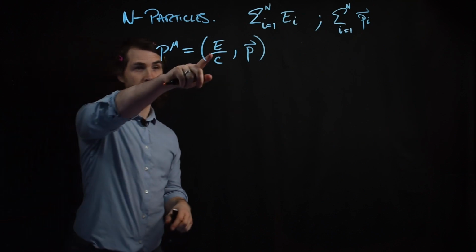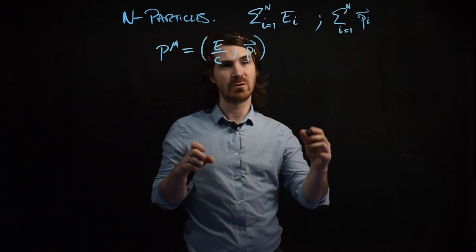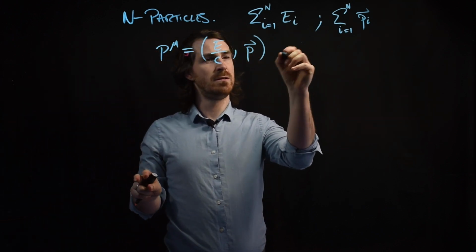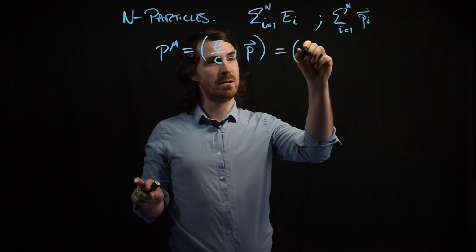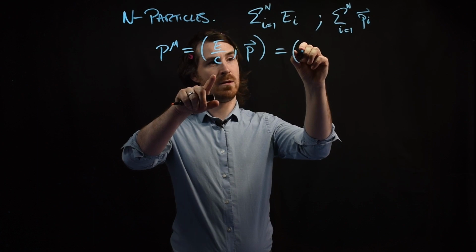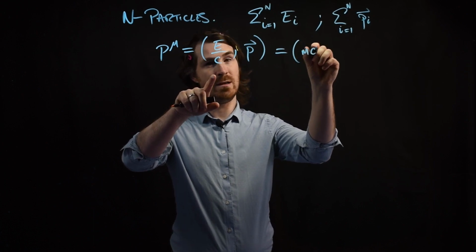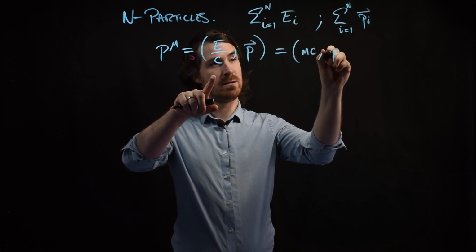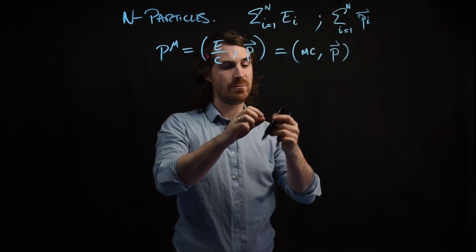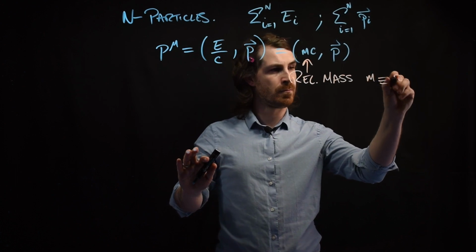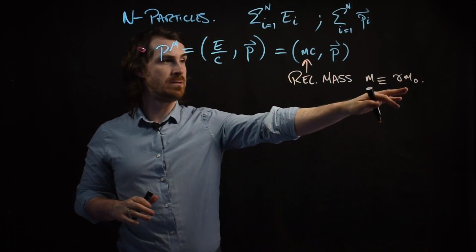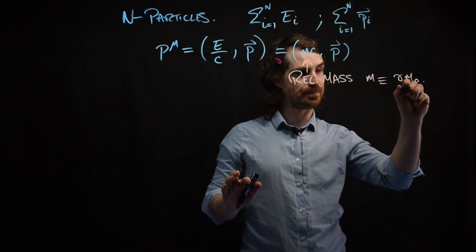Okay, and we know that E equals mc squared, the relativistic mass, times c squared. So we can also write this as mc, p, where m is the relativistic mass, which is the rest mass times gamma.